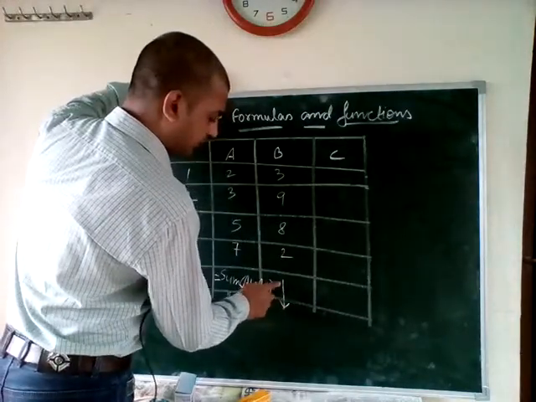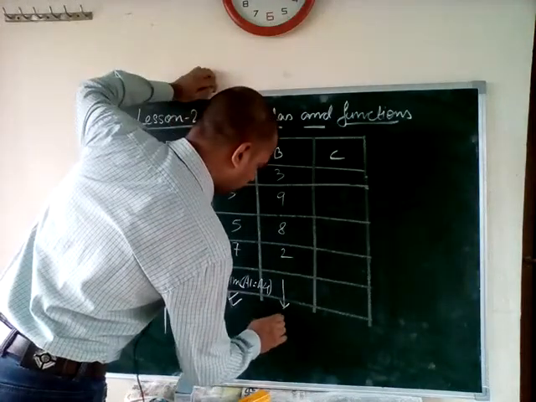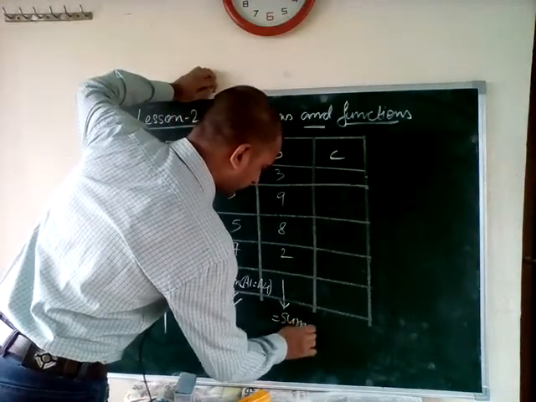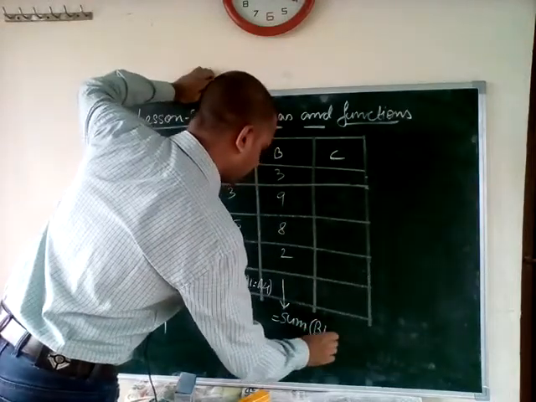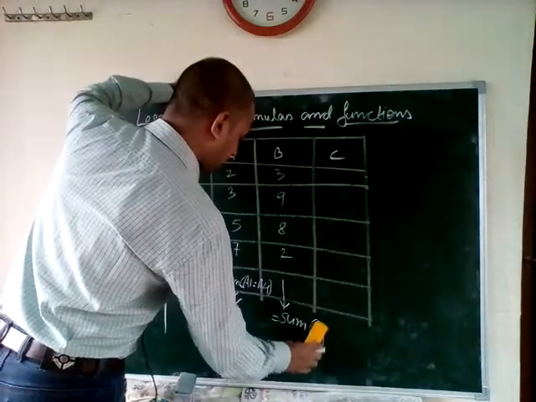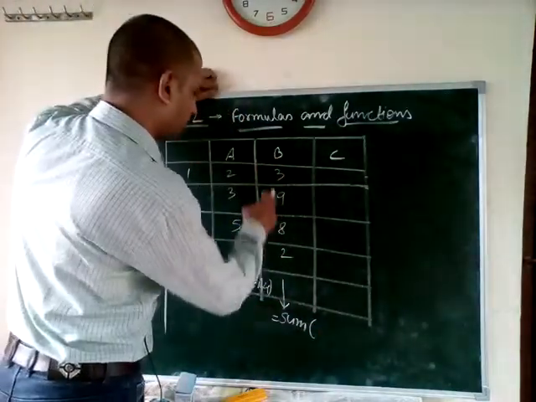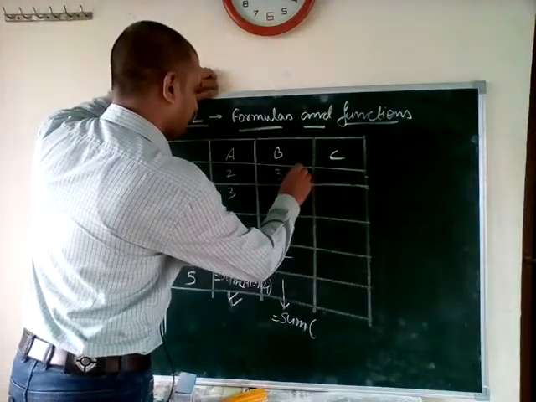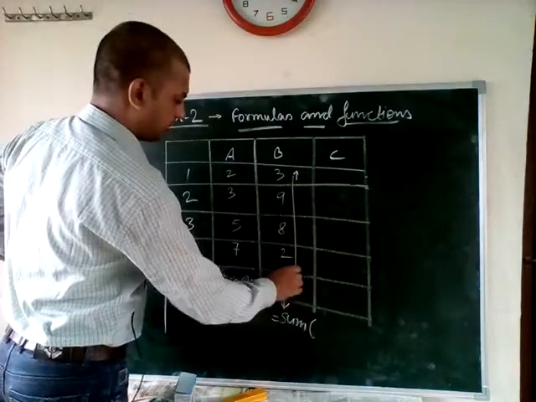So I am writing the formula for this cell here downside. Now equal to SUM. What is the name of this cell? B1. Simply you have to take your mouse. If you want to select the range, take your mouse here, then drag your mouse downside.